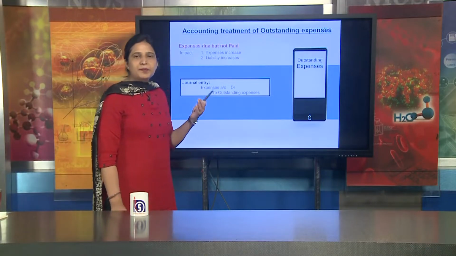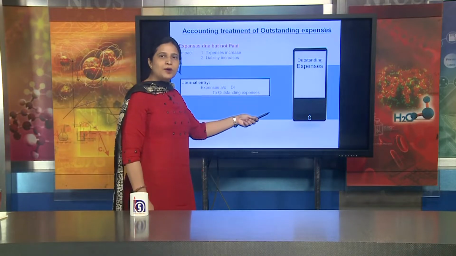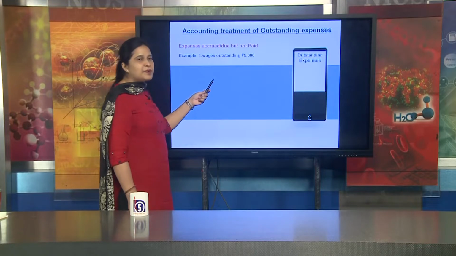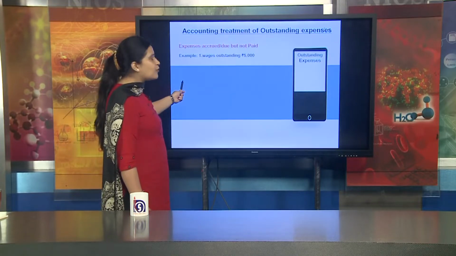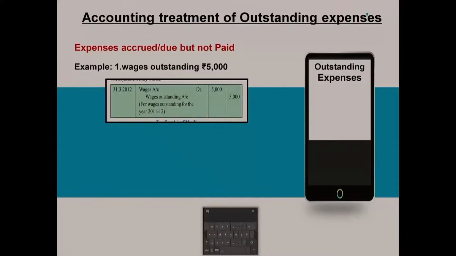When both of them increase, we debit them. So the journal entry will be expenses debit to outstanding expenses. For example, wages outstanding is 5,000 rupees. So what would be your journal entry? You would debit wages, because the wage is the expense, and credit wages outstanding with 5,000 rupees.